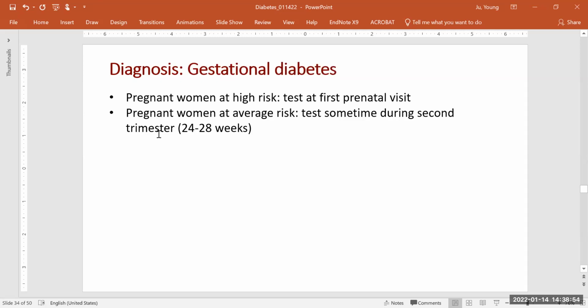For gestational diabetes, risk factors will be evaluated early in pregnancy.